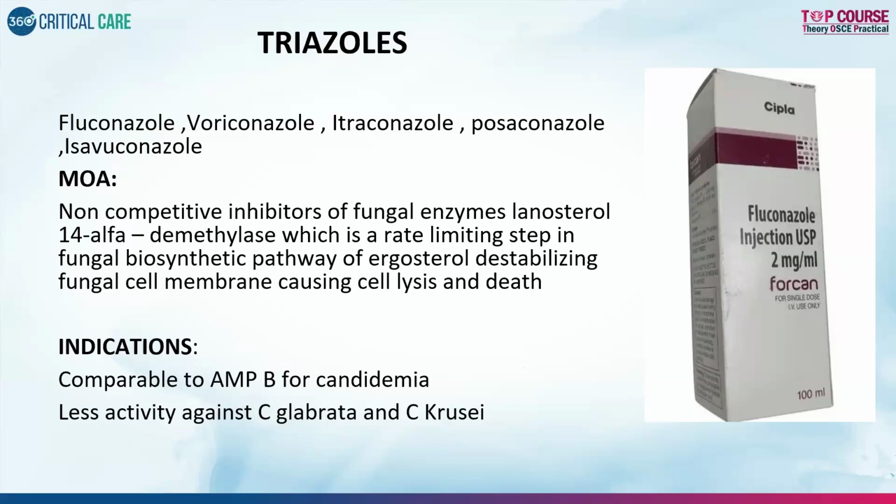Flucytosine. Excellent. So these are the group of drugs. Azoles are ineffective against Candida glabrata and Candida krusei, so these can be covered by echinocandins. If a patient develops urosepsis, what is the drug of choice?